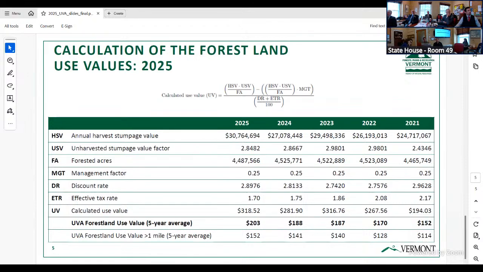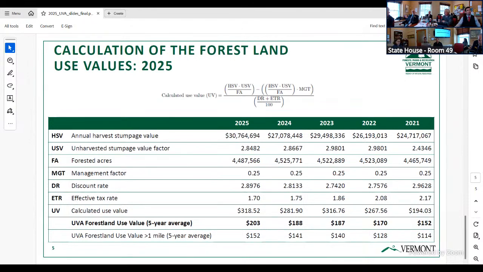It's basically what the tax rate would be if all the properties on the grand list were appraised at full value, and that would be the effective tax rate. And this is the non-homestead tax rate. Right, well, okay, we'll have a chance to confirm that.